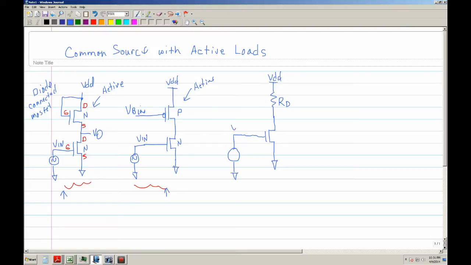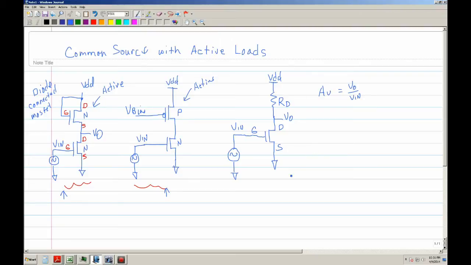This would be your VN, the input signal, and this node would be your output. This would be your drain, source, and gate. So how do you find your voltage gain, basically your Vout versus VN?